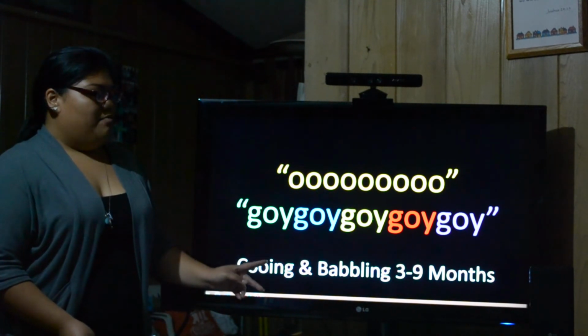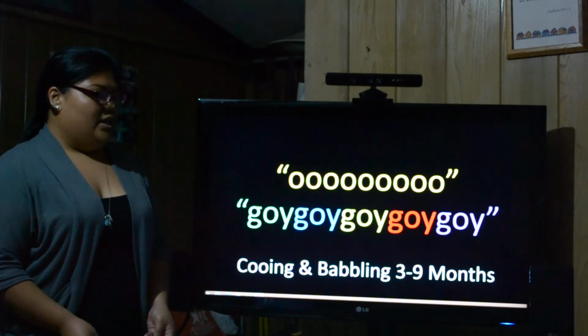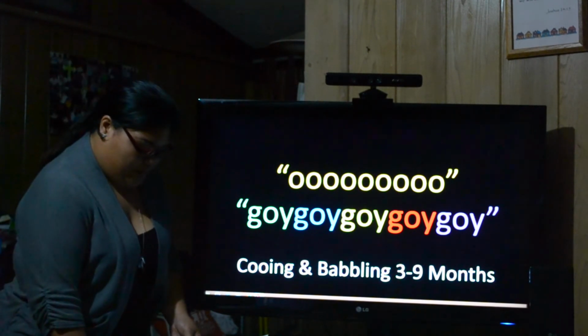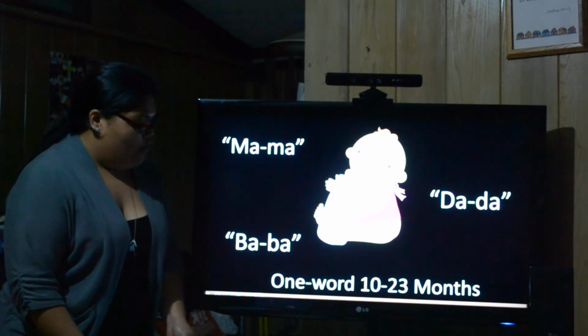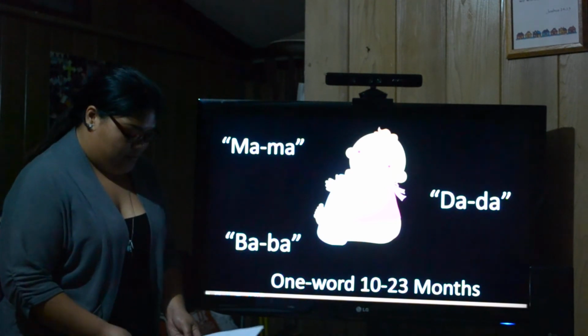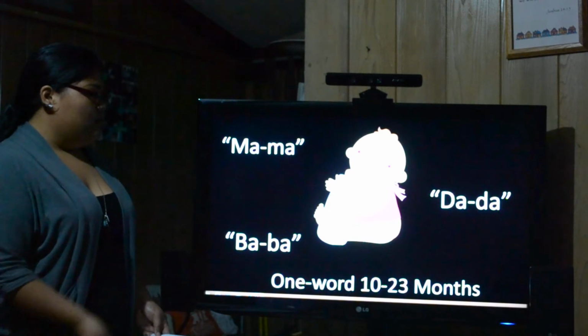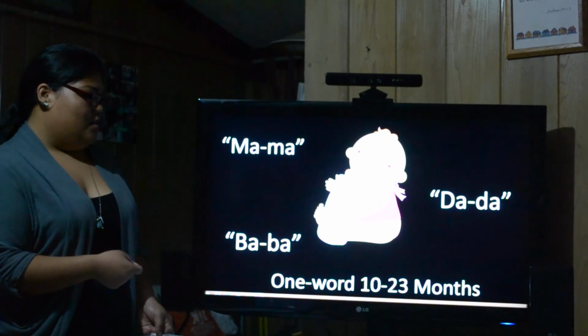Entering into your 9-month period, children begin to say words that are more precisely directed towards the language that's around them. In the one-word stage, baby learns his first word, sometimes mama, dada, or baba, which means bottle.